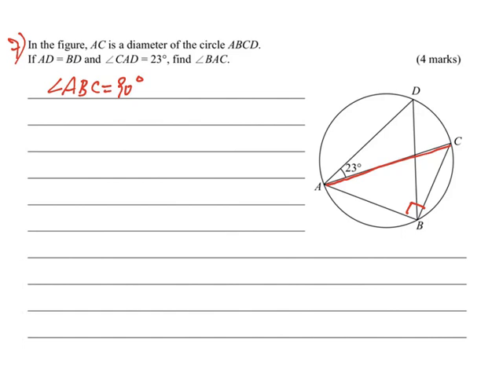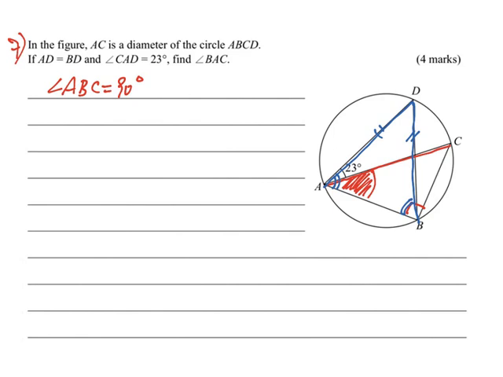And then you know AD and BD, they are equal. So you see these two angles are the same. Finally, CAD is 23 as given. Now you need to find the angle BAC. That means you need to find this angle at the end.